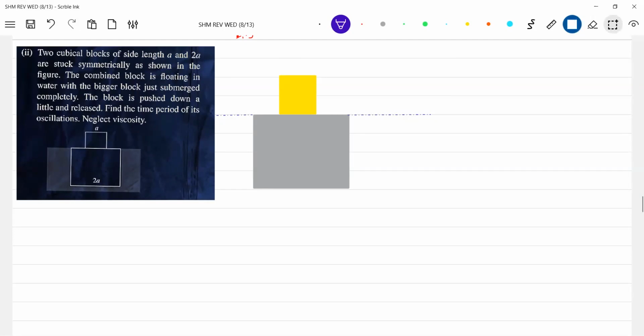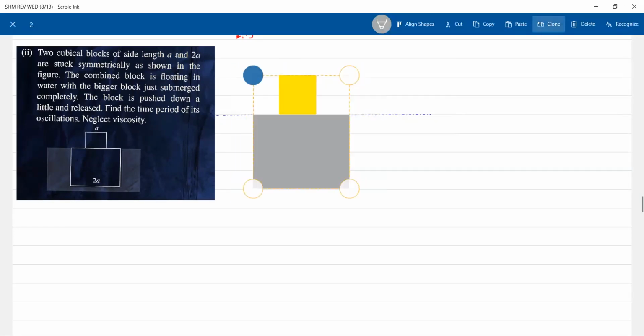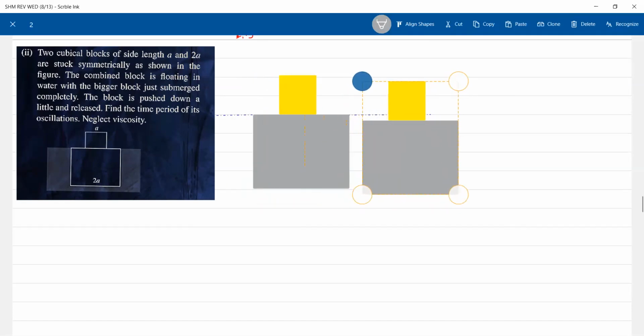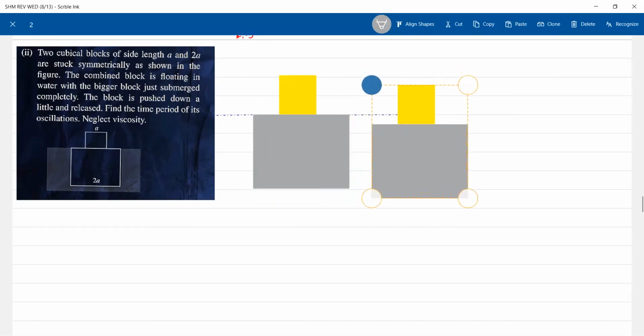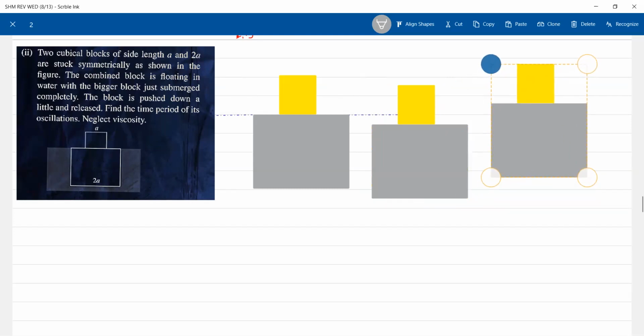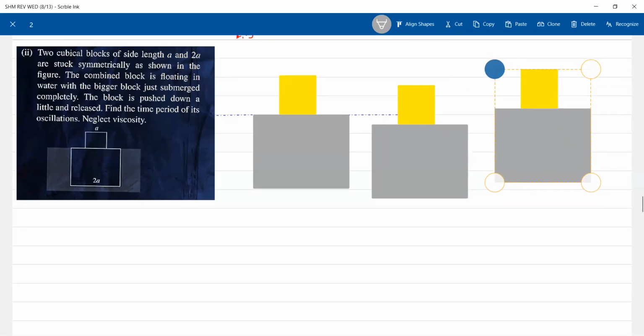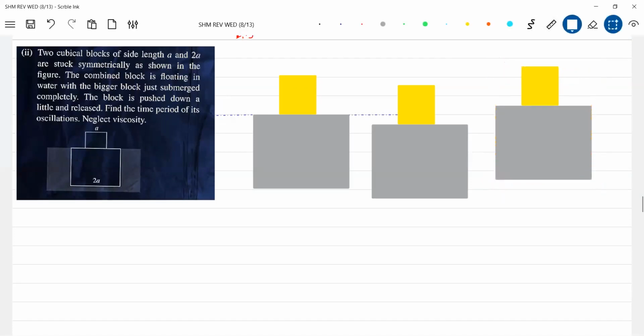So when I'm going to press it, this entire setup may come like this. I have diagrams, so it's very easy for me to explain now.